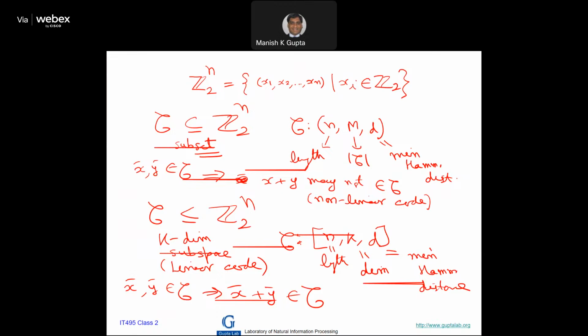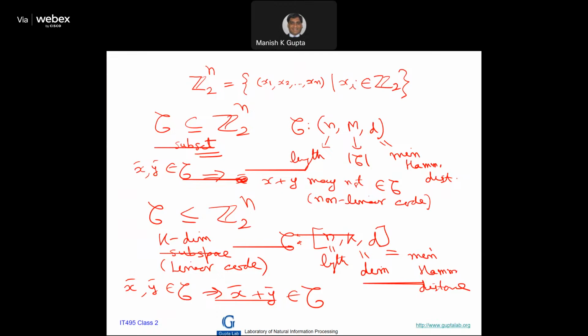So a code is simply a collection of binary strings of length n, and we denote it by small n, capital M, and small d. Small n is the length, capital M is the size of C, the total number of code words or vectors in C, and d is the minimum Hamming distance.